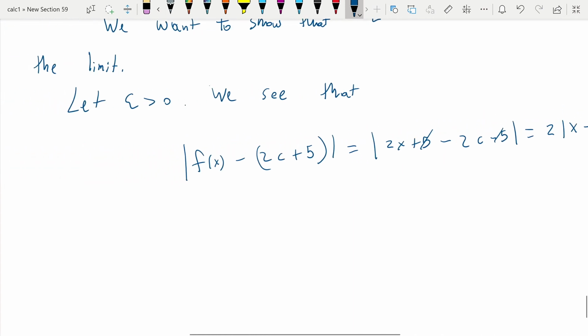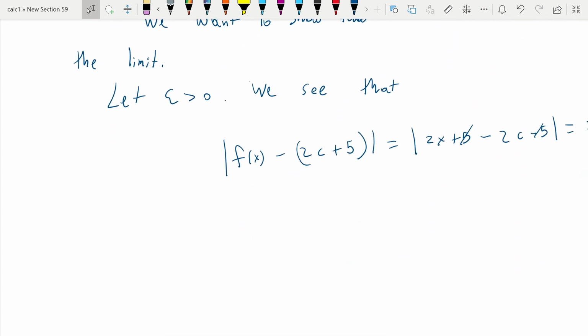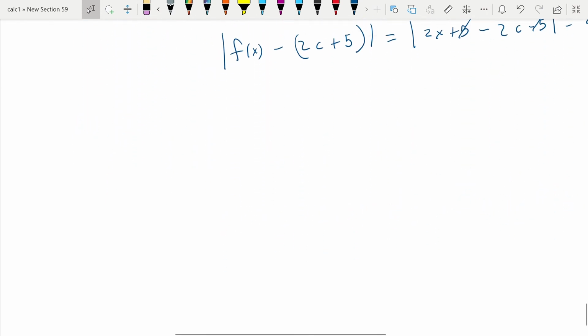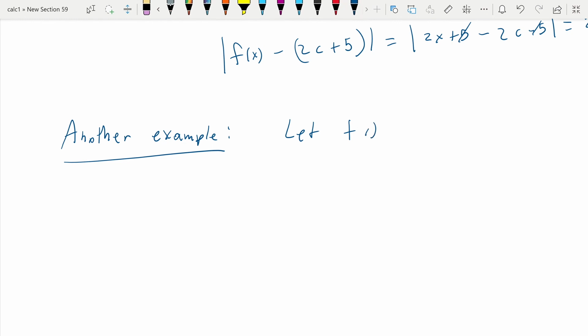A more complicated example is one where you consider the limit of a nonlinear function. So another example, let f of x be equal to x squared.